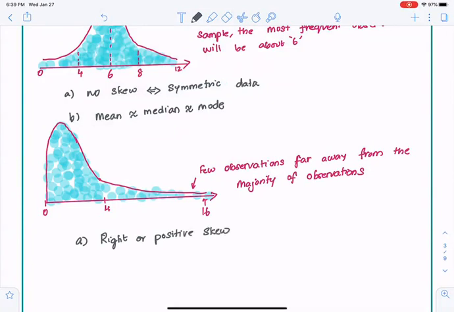And typically, anytime we have a skew, there will be outliers. So outliers are the ones that don't represent the majority of the sample. Clearly from the picture, I can pick out 16 to be an outlier.